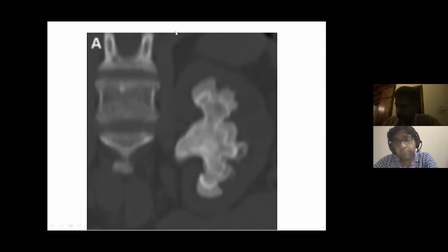Tell me what investigations you would carry out before planning surgery for this patient. This patient is 25 years old, I think ASA 1, so I am happy to carry on with percutaneous nephrolithotomy for this patient.